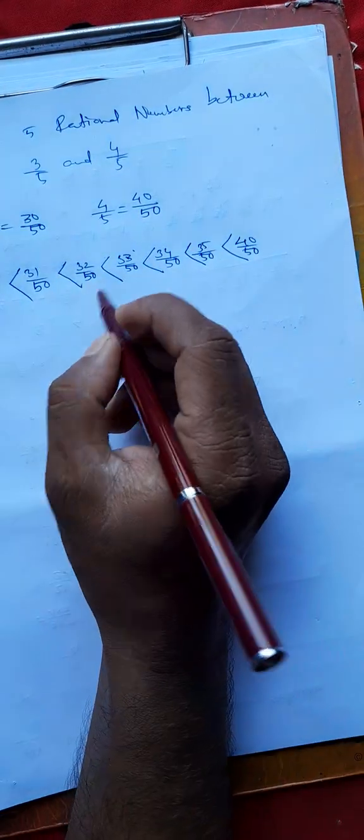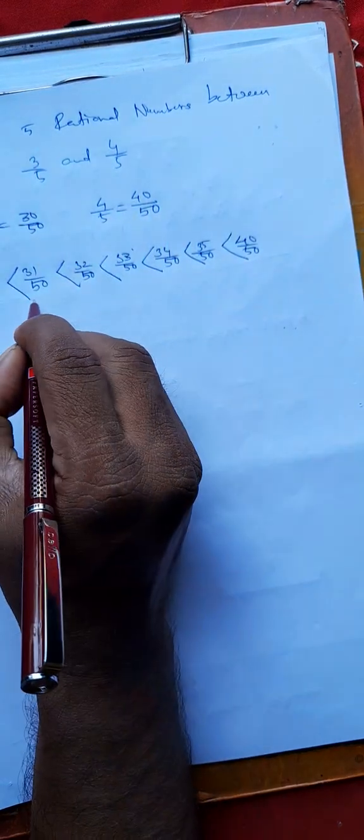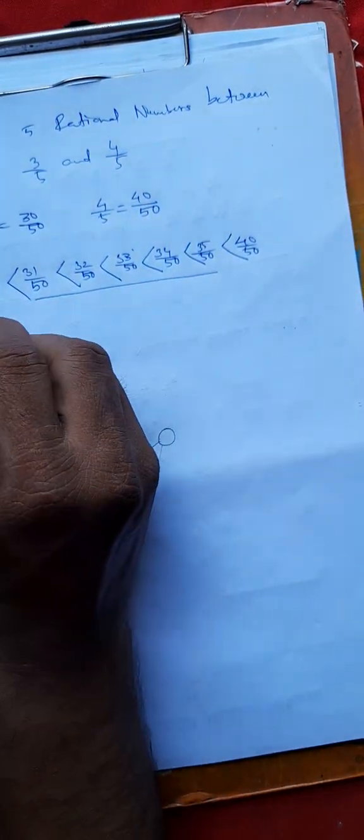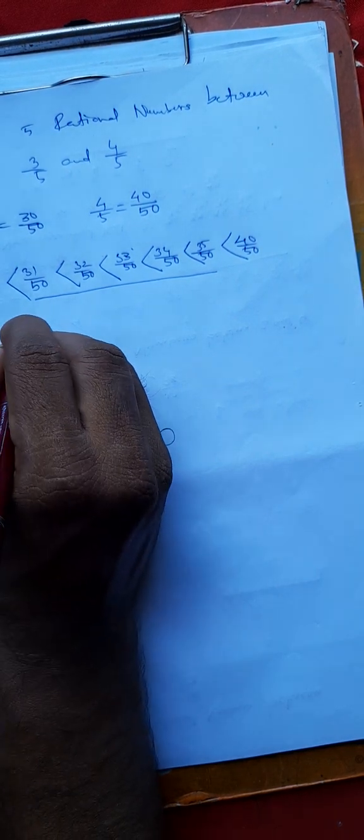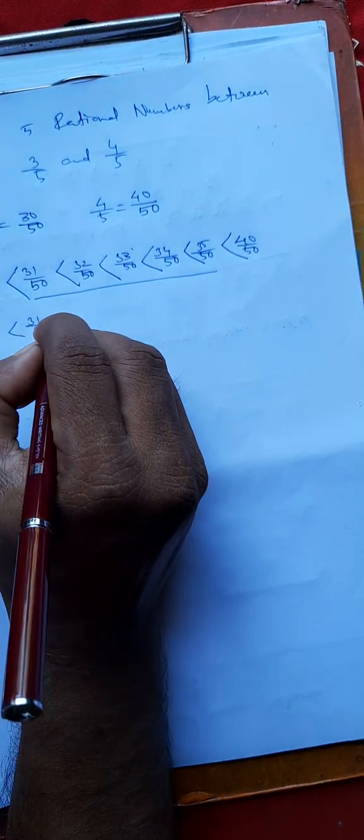Since we are asked to find 5 rational numbers, we are taking 5 examples. Now 30 by 50 means 3 by 5. This is less than 31 by 50.